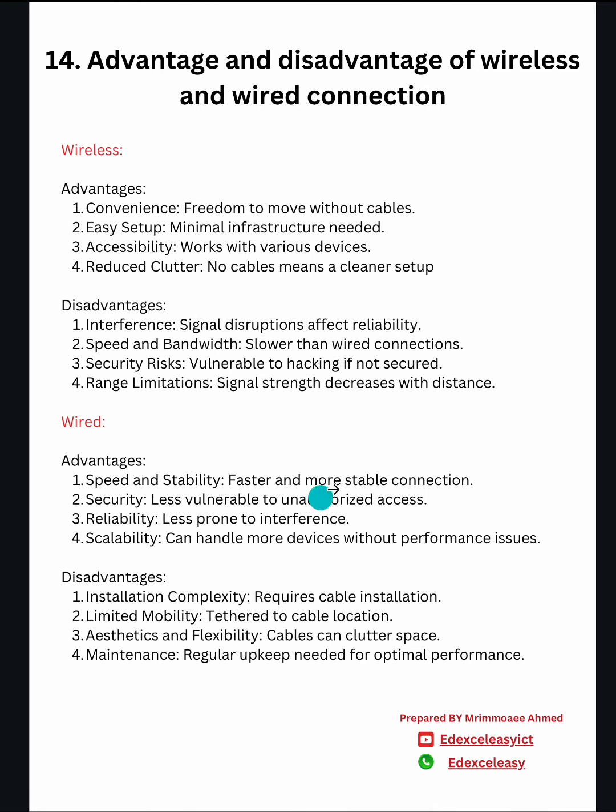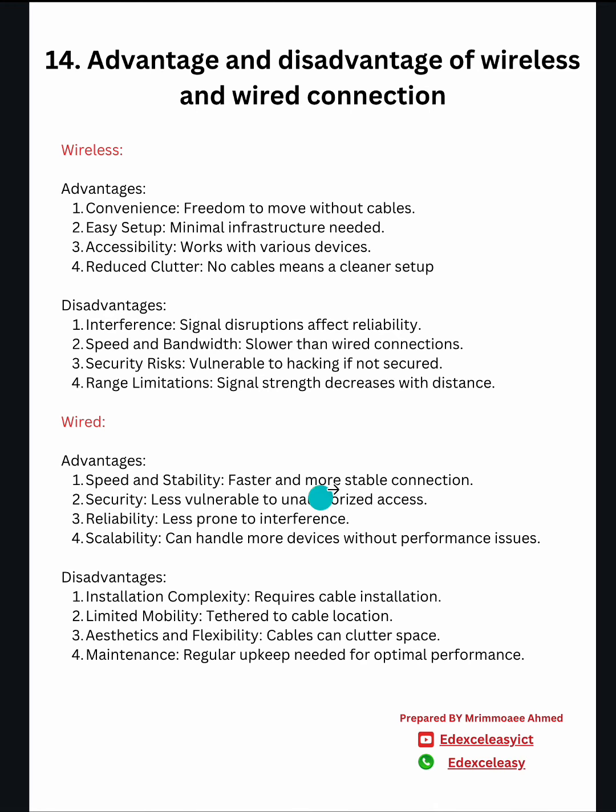With wired you can connect a number of devices and there will be no issue with the performance. Disadvantages are installation, limited mobility, being tied to the cable location, and cable clutter. That means you have to be careful about the space where you are providing your wire. Maintenance, regular upkeep is needed for optimal performance.